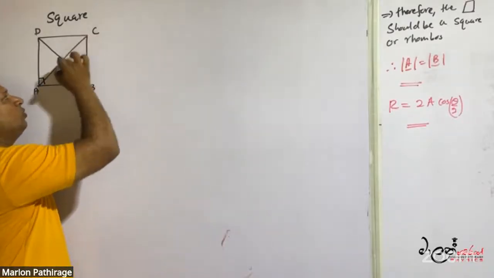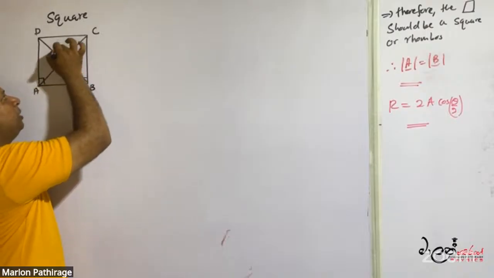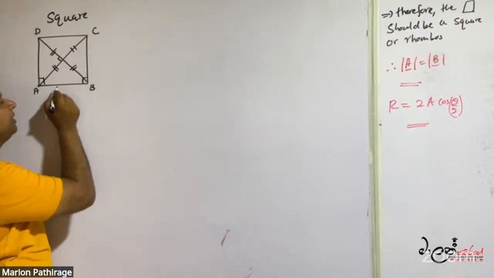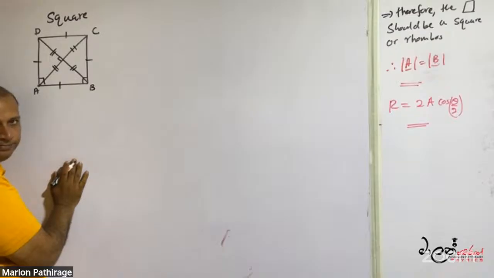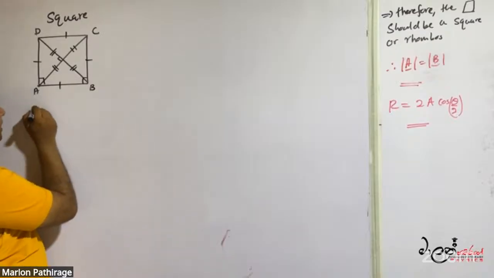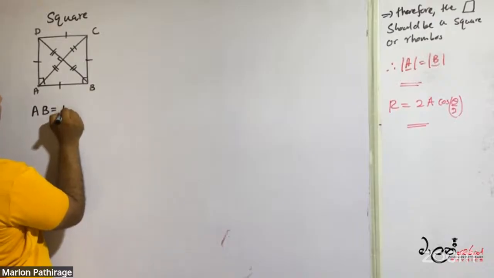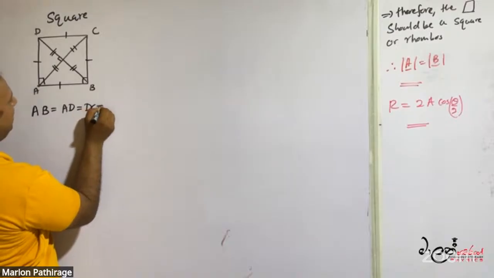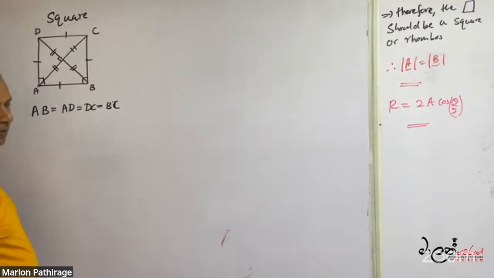These two diagonals are equal in length and they are perpendicularly bisected to each other. Then these sides are equal. Therefore, I can say AB equals AD equals BC equals BD. All are equal.